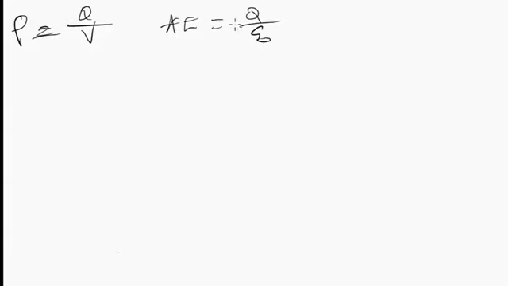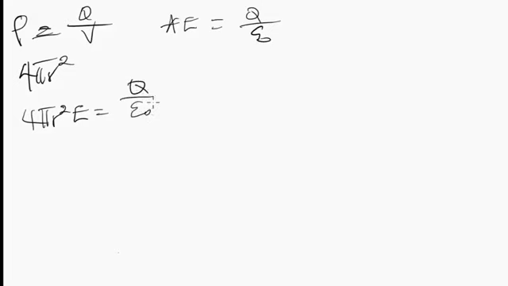So what's the surface area of the sphere in this case? Now the surface area of this sphere will be 4 pi r squared. So this gives us that 4 pi r squared E is equal to Q over E naught.